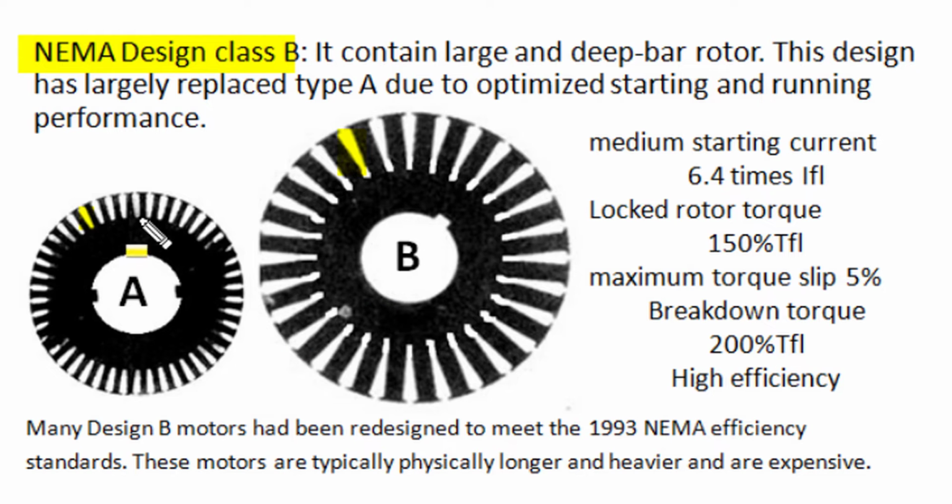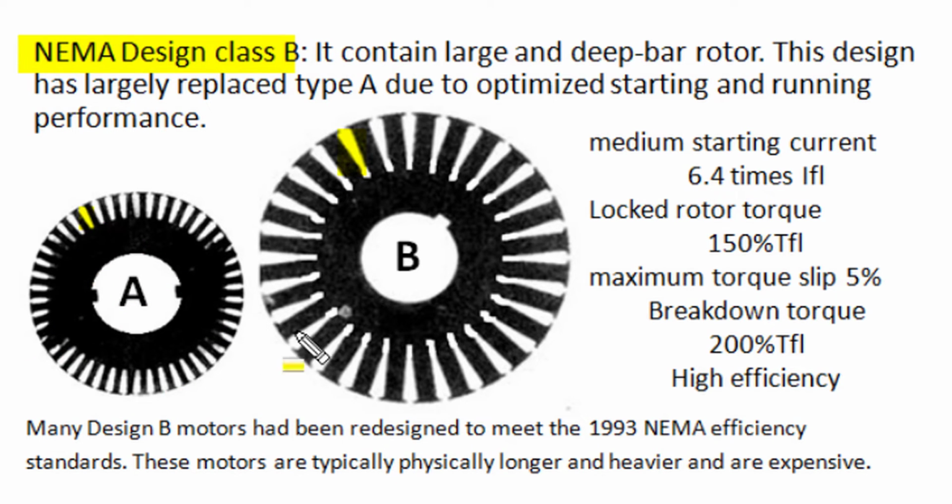Now this improvement of rotor structure has optimized the starting performance of the motor, and now a class B motor has both running and starting performance optimized, whereas in a class A motor running performance is very good, but starting performance is not that good.